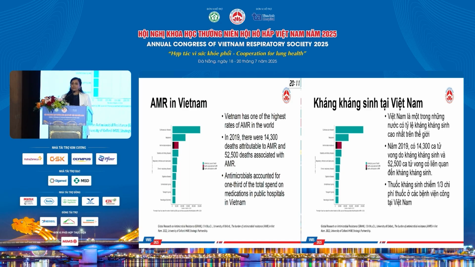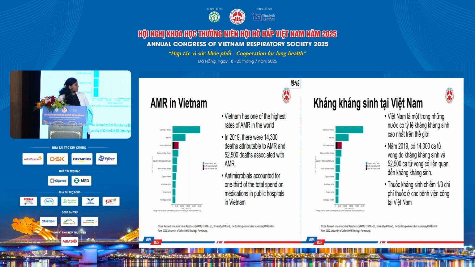So I'll give a bit of a context of AMR, which is antimicrobial resistance in Vietnam. Now, Vietnam has one of the highest rates of antimicrobial resistance in the world. In 2019, there were about 14,000 deaths attributable to AMR, and even more, 52,000 deaths that were associated with AMR.